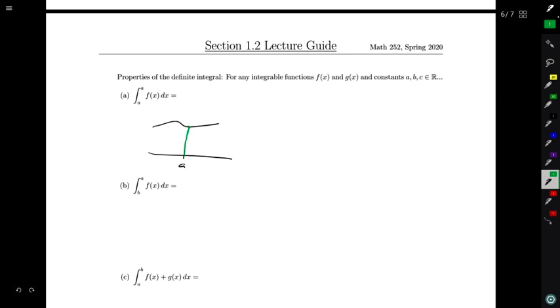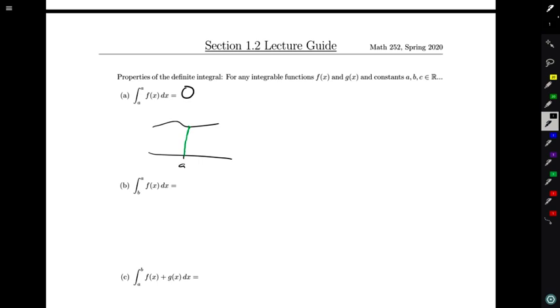And we know that vertical lines have an area of 0 because they have base width equal to 0. So if we're going from a to a, there's no width, so this thing certainly can't have an area. 0 times whatever the height is going to be 0. So our first property is that the integral from a to a of any function at all is always going to be 0. If the upper and the lower limit of integration are the same, there's no area.